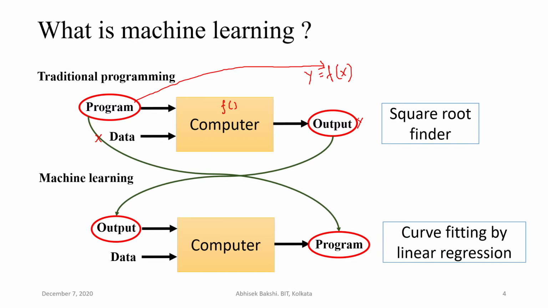The machine learning will try to understand the relation between the input data and the output, and somehow it will generate the program. It will generate the program in the sense that it will generate the function.